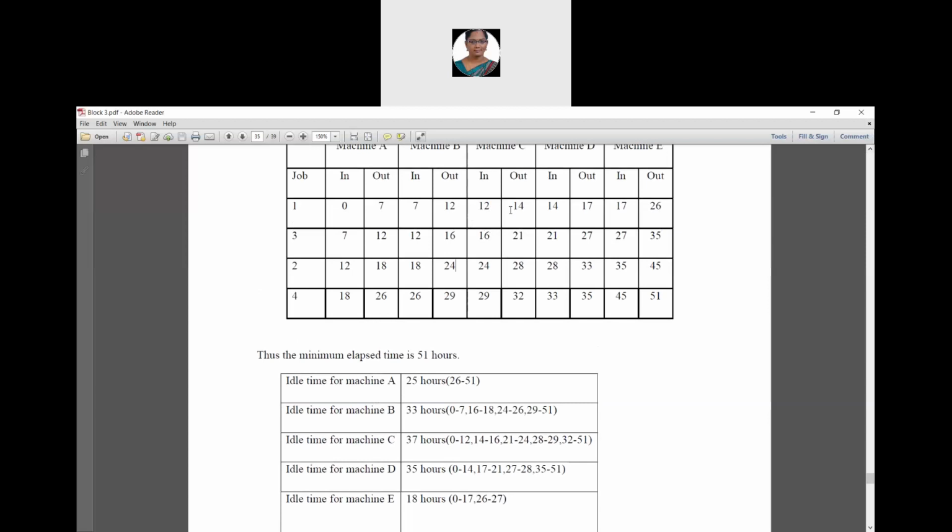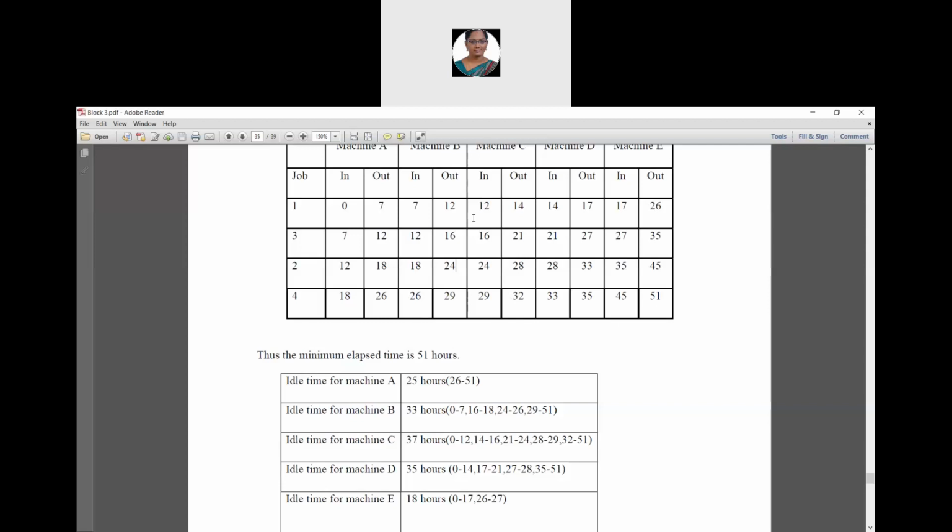The difference between 24 and 21, and the difference between 29 and 28, and the difference between the total elapsed time and the final out value 32. Okay, so it will give 37 hours.